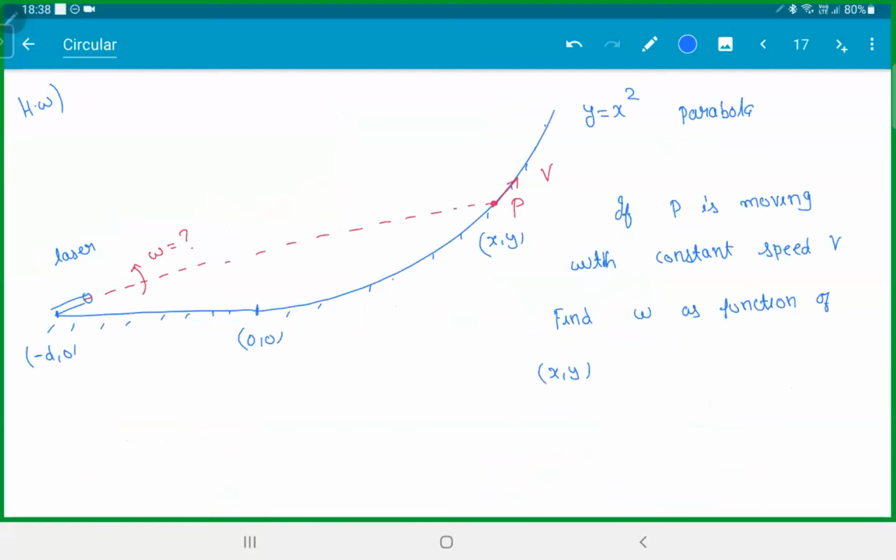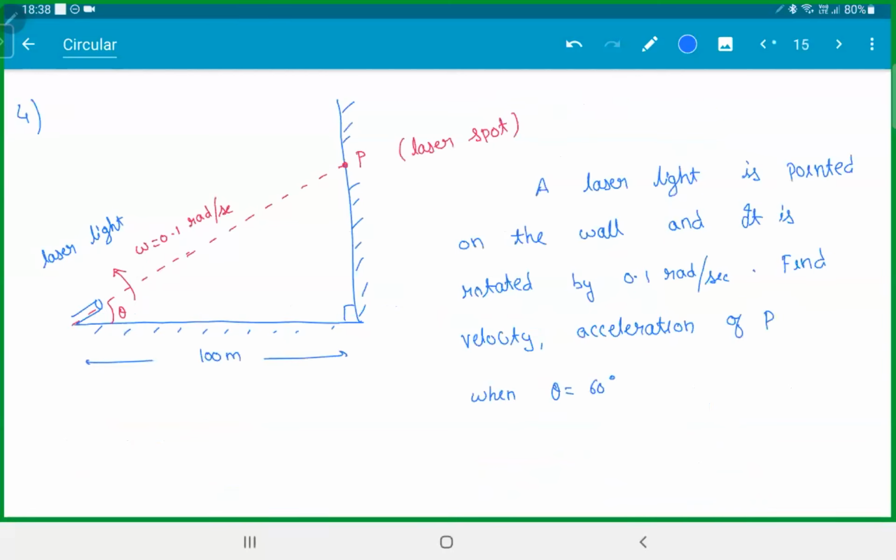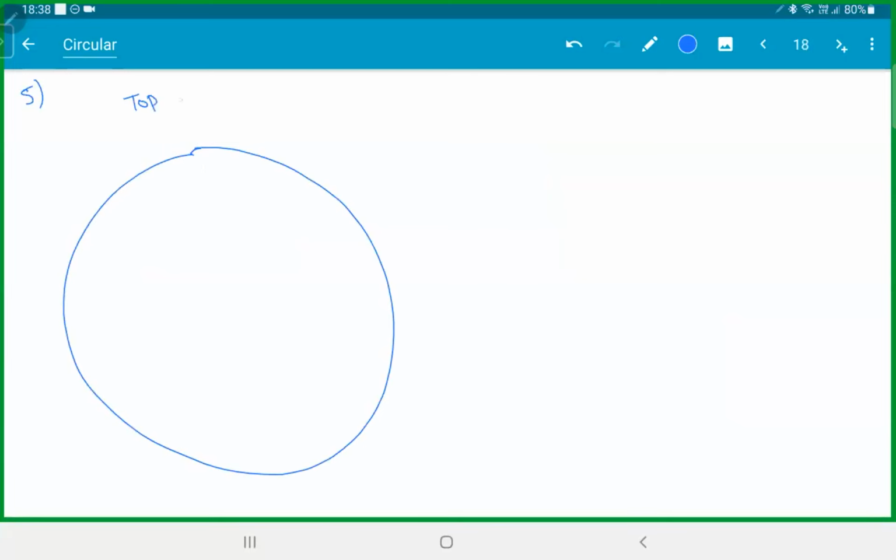Going ahead. We have a circular frame, top view. This is O. This is a movable rod, which is going with V, which is constant.